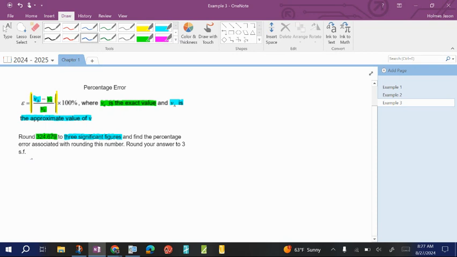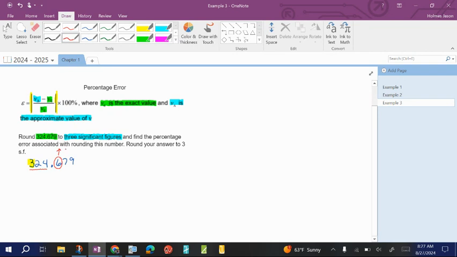Okay, so let's start off by rounding. So we have 324.679, and we want to round it to three significant figures. Well, 3 is our first significant figure, and we want the first three significant figures, so we're going to be looking at that 324. We look at the number right to the right of the 4.